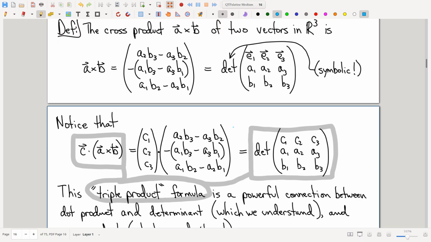I would urge against looking for too much meaning there. But it is a nice little pattern to notice, and then you should, of course, think about what happens when you multiply out this dot product, and then think about what happens when you write down this determinant. You're going to notice you're writing down a lot of the same stuff.